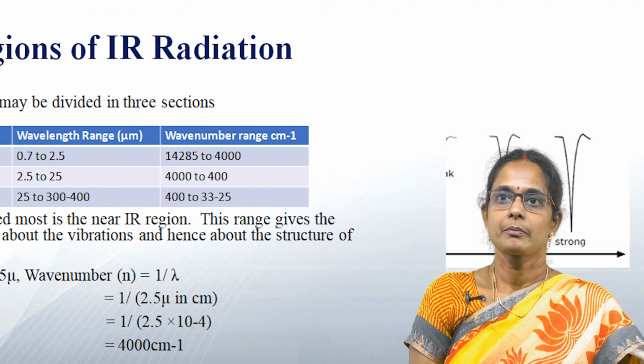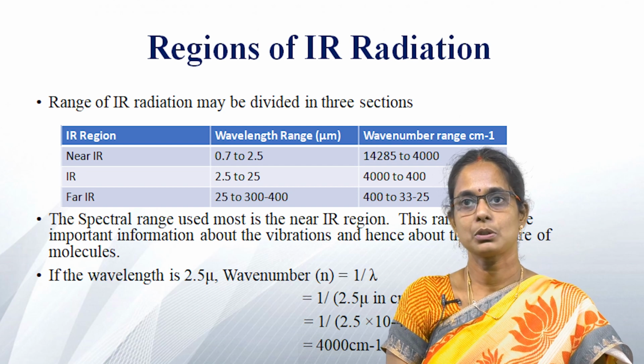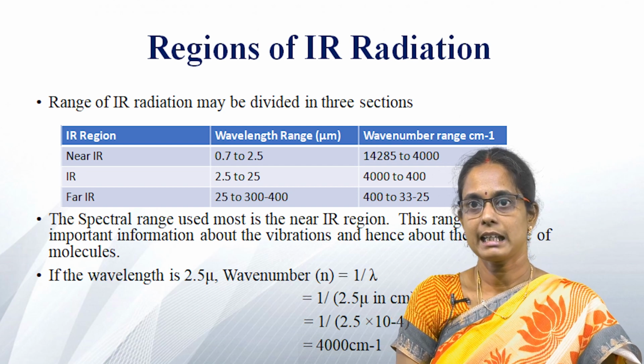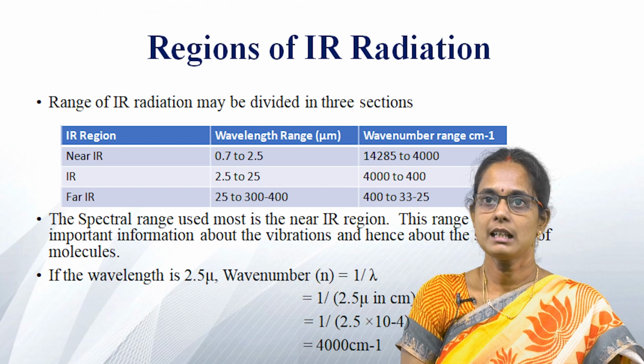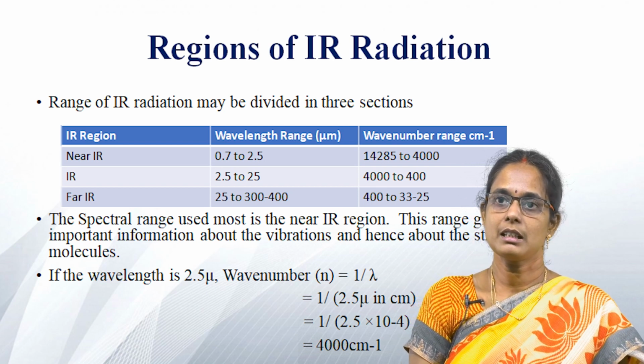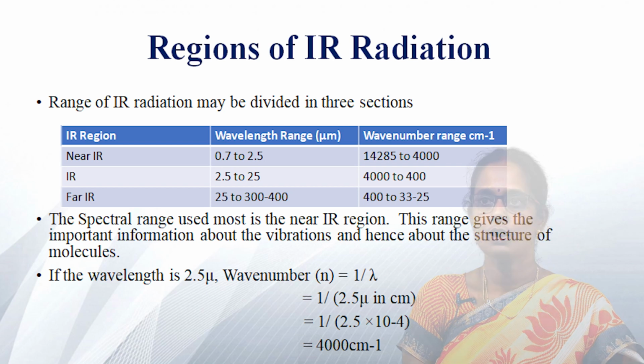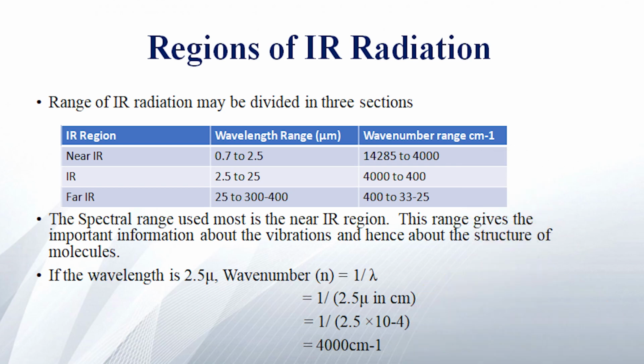The regions of the IR spectrum are mainly classified into three: near IR, mid IR and far IR. The near IR region lies between 0.7 to 2.5 micrometers, and the wave number belongs to 14,000 to 4,000 centimeter inverse.